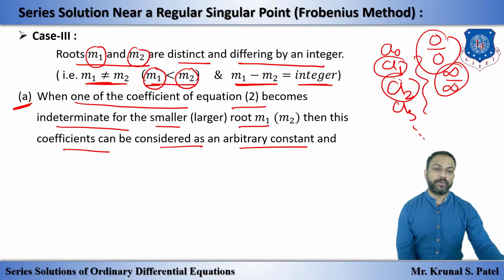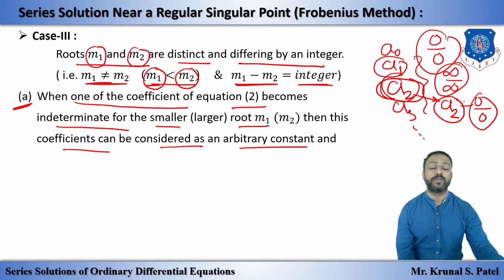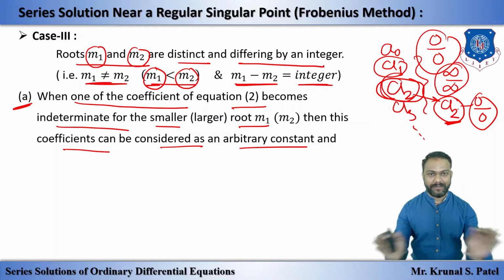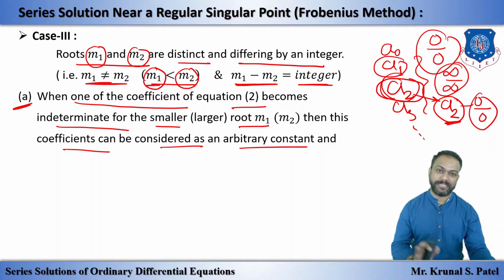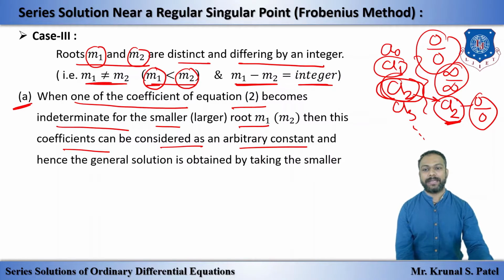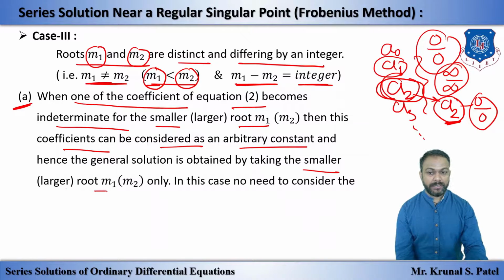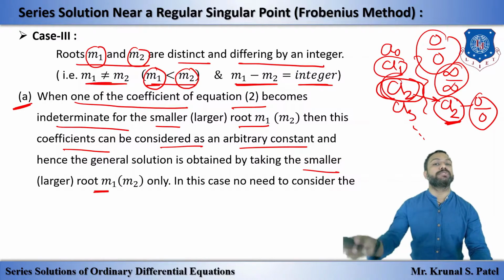That means you have to consider a2 as a2 only. No need to put in its value, because this is an indeterminate form, since its answer is 0 by 0. So we will not put the value of m1, we just take a2 as it is in that y. If a3 becomes indeterminate, 0 by 0, then we keep a3 as it is and do not put the value of m1, and hence the general solution is obtained by taking the smaller root m1 only, the same as case number 2.